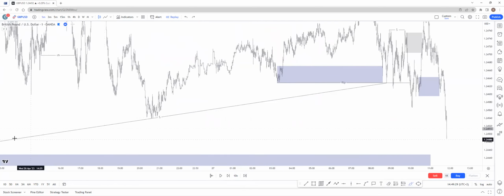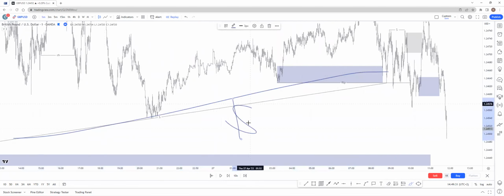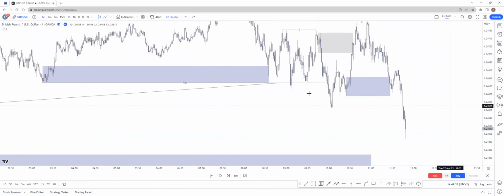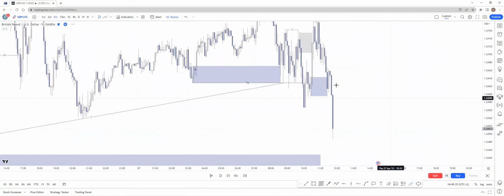Price started to sweep all of this liquidity into the 5-minute demand, and we can mark a 5-minute supply out, which can be found here.